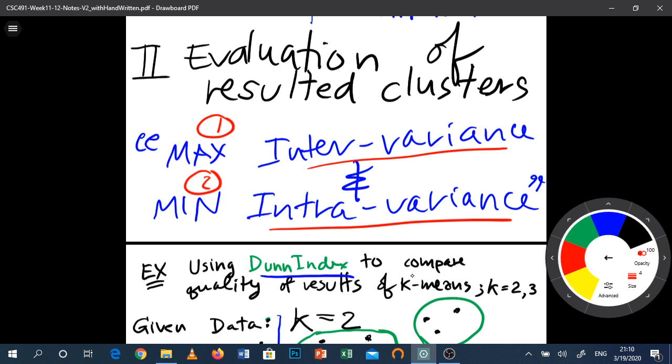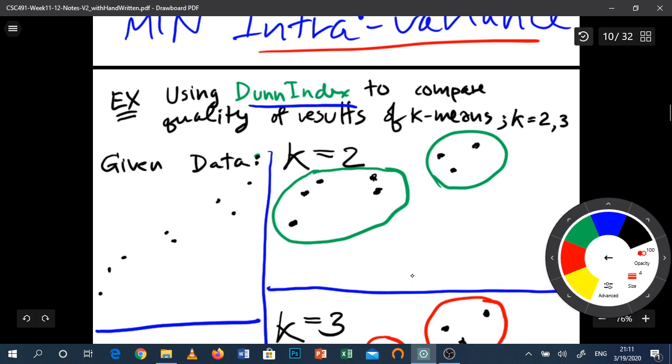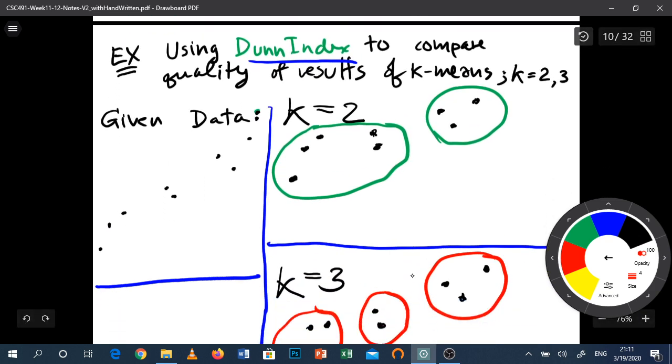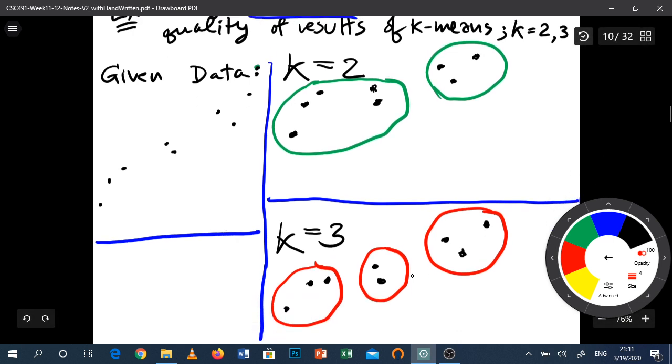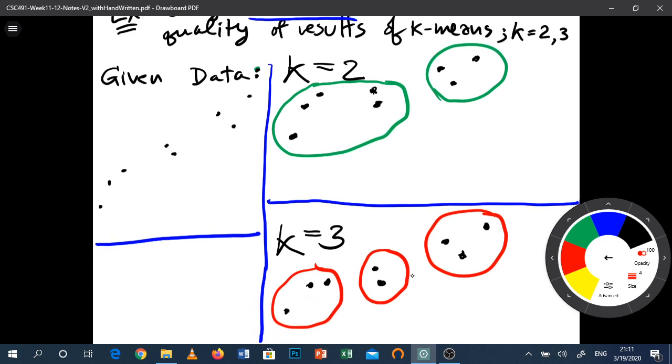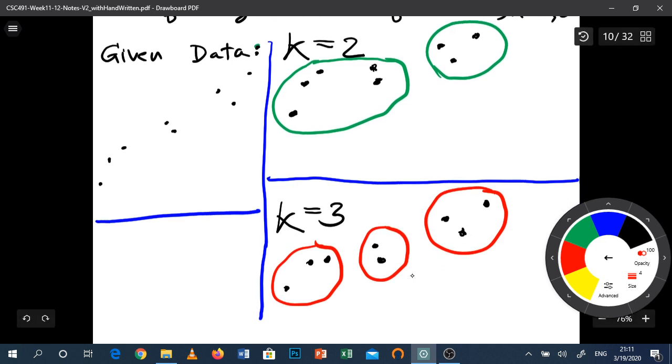So with this set of qualities in mind, one example of a KPI for clustering can be used. It's called the Dunn index, D-U-N-N, named after Professor Dunn in statistics several years ago. So for example, in this example, we have 8 data points.